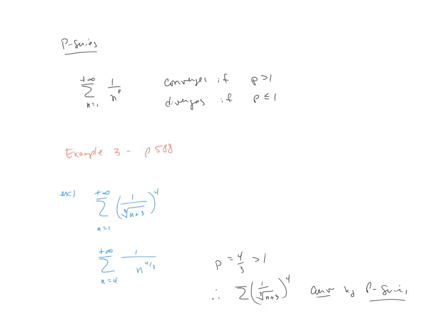So this is a nice test if you can make it work. Now, it won't always be available to you depending on the series, but if you can manipulate, re-index, the chances of it working and being a very simple solution are definitely in the cards.